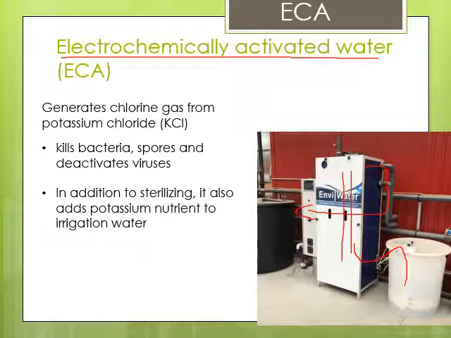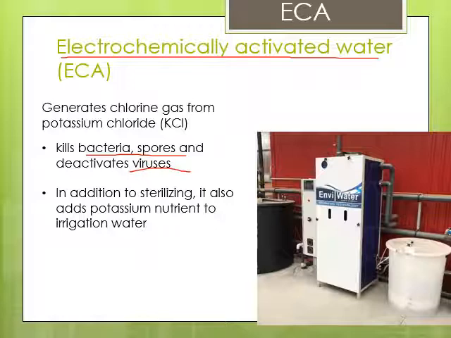So ECA is pretty cool. It's actually been used by janitorial companies for quite a long time. They would have an ECA machine in a cabinet, and they would use it to fill their mop bucket or something like that. That way they're not always adding chemicals, and that mopping water will then sterilize the floor and whatnot. It's effective at killing bacteria, spores, and viruses.